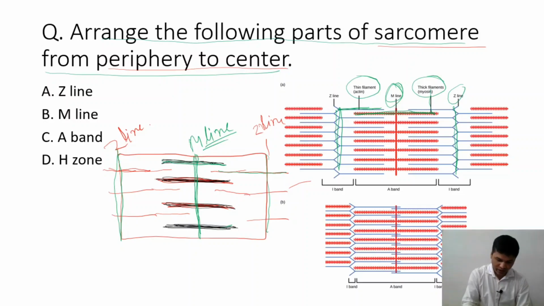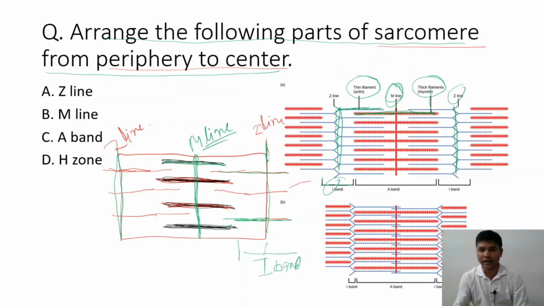Periphery, obviously, this is the Z line, no confusion. And this part is called the I band, from here to here, and for the next cell also it is called I band.